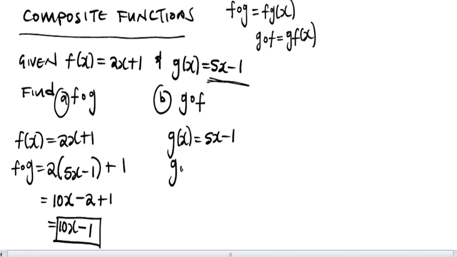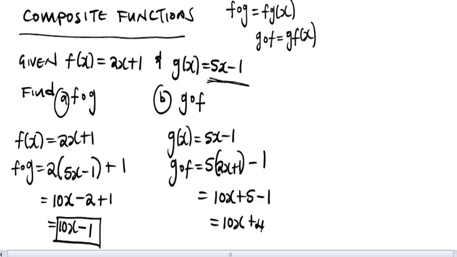This is going to be 5 times 2x, that is 10x, plus 5 times 1, that is 5, minus 1. Then like terms together: 10x will maintain, 5 minus 1 we get 4. So these are not like terms, so we leave them like that. That is basically how you can go about that.